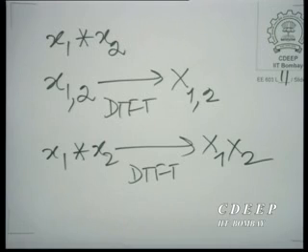We had also started looking at some of the properties of the discrete time Fourier transform. We saw that the discrete time Fourier transform viewed as an operator is linear, right?